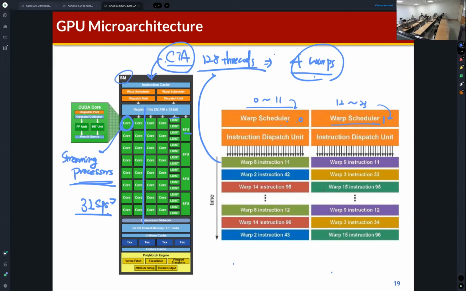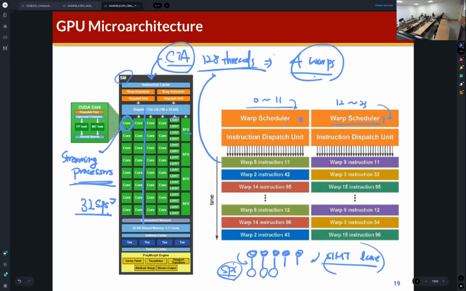And each thread, it's called the SIMD lane. Actually, each thread in a single warp is allocated to each SP.